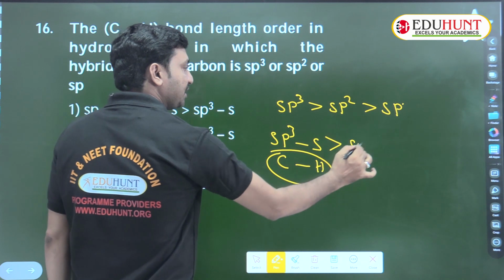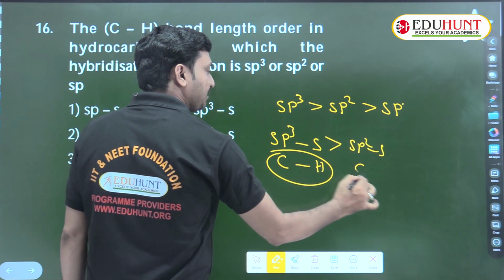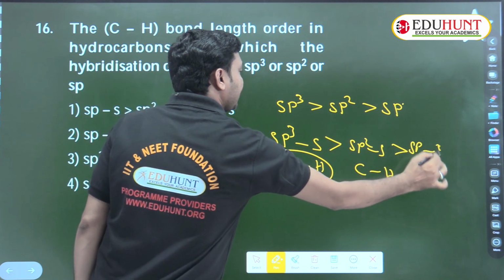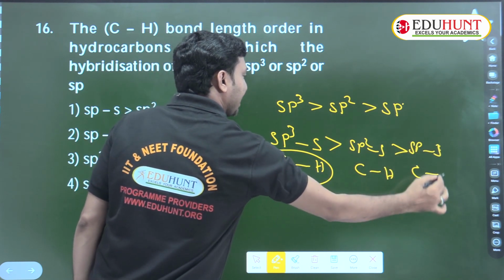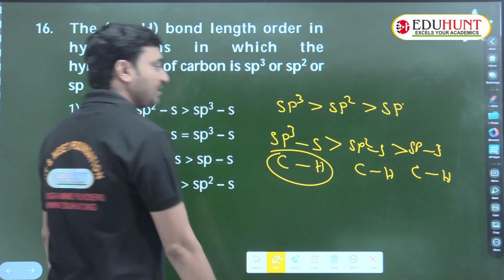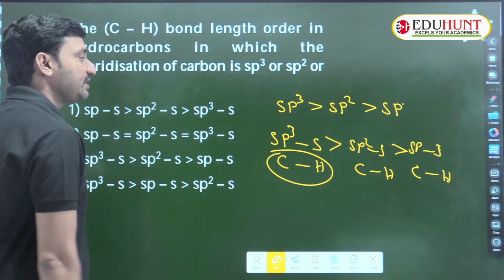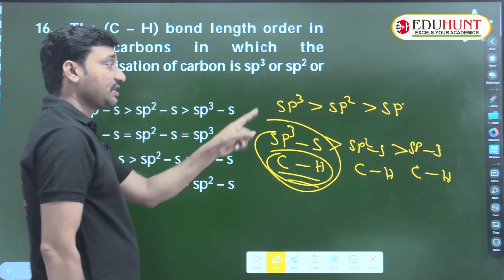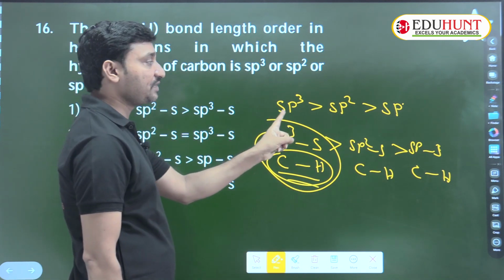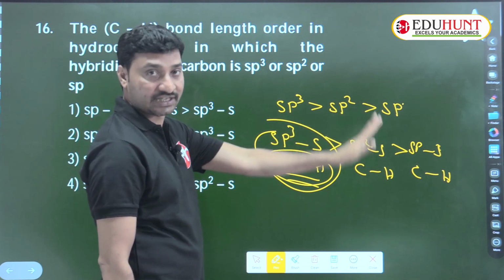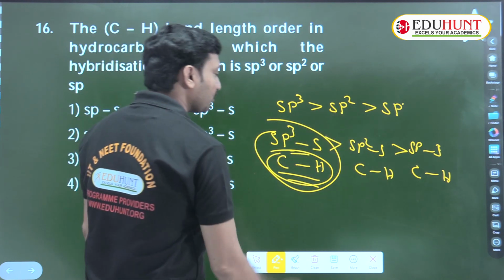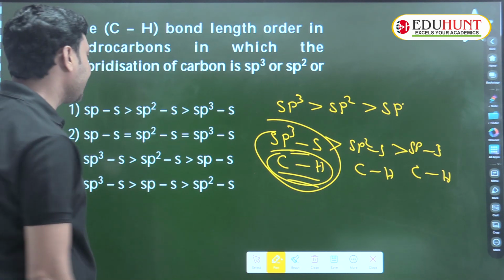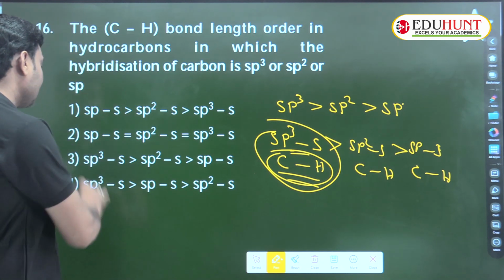Next sp2 carbon and hydrogen, next sp carbon and hydrogen s orbital, right? So where is bond length more? sp3 carbon and hydrogen, because of the size of hybrid orbitals, sp3 greater than sp2 greater than sp. So the right choice is the third option.